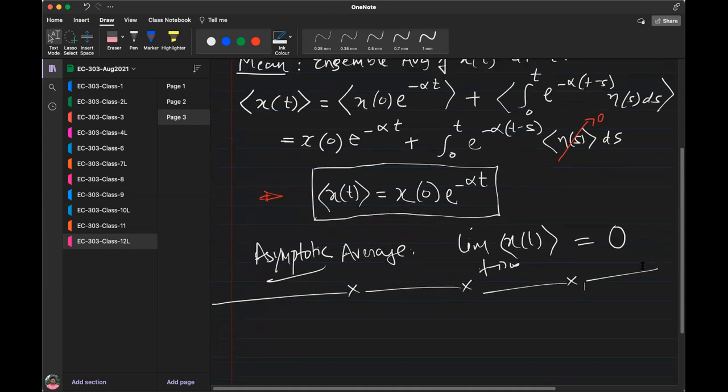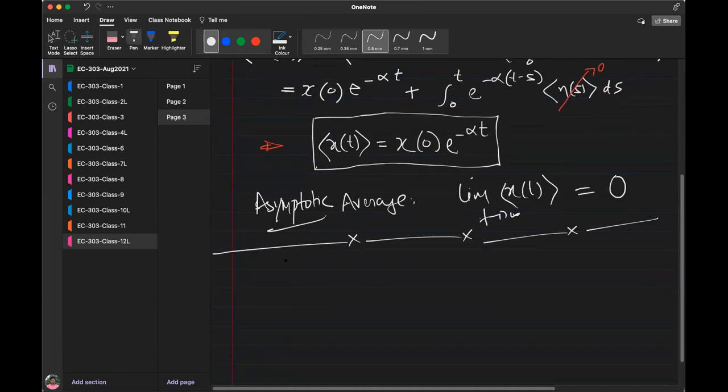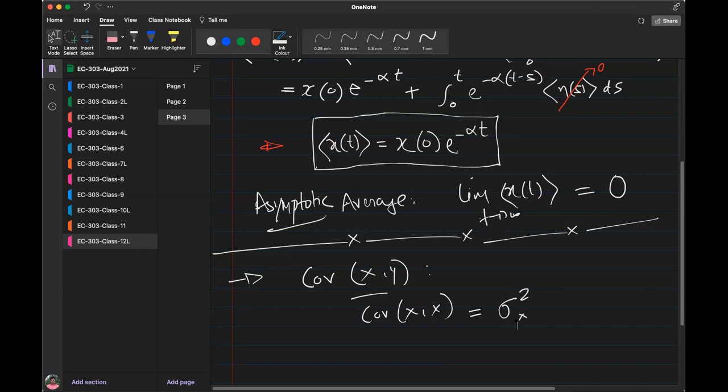Okay, excellent. Can we move forward now? We now want to calculate variance, covariance, and correlation. But let me just tell you one simple thing. If you take the covariance between two variables x and y, and you now set y equal to x, what will this be? This is nothing but the variance of the random variable x.